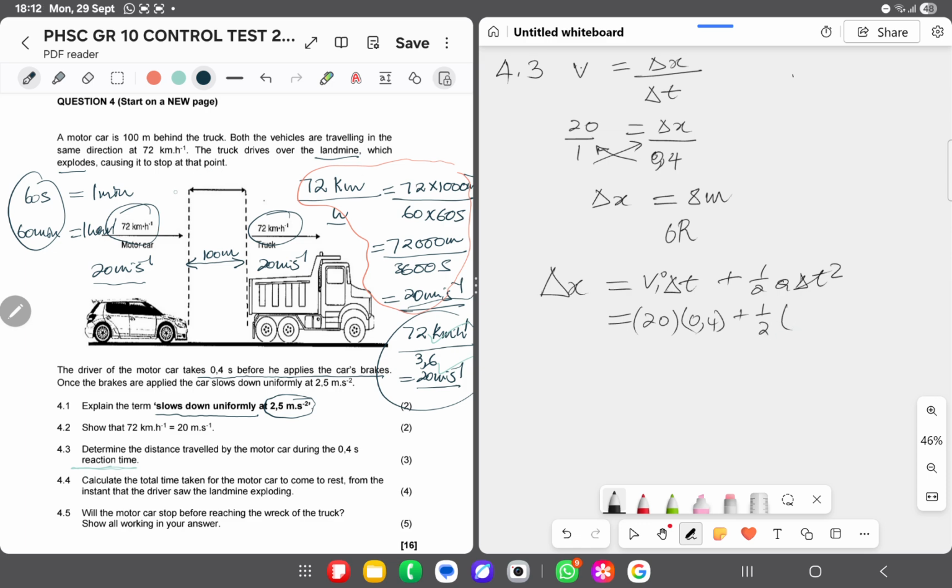The vehicles are traveling in the same direction at 72 kilometer per hour, which is 20 meter per second. Uniformly simply means it's a constant velocity, so acceleration will be 0 there. So this is 0.4 squared. Ultimately we're going to get 8 meters.